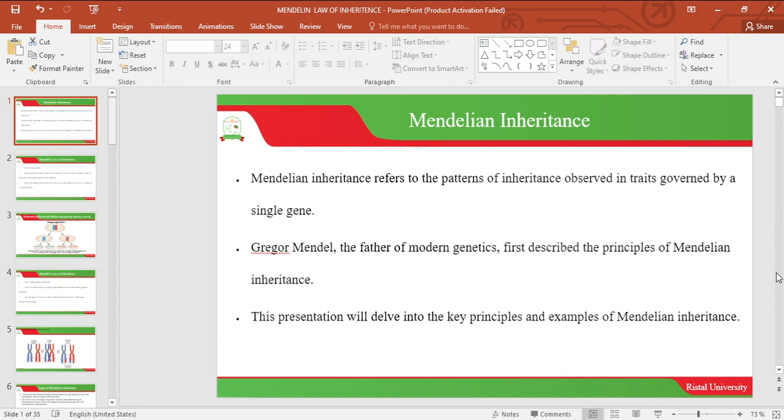Gregor Mendel was the father of modern genetics, and he first described the principles of Mendelian inheritance. This presentation will delve into the key principles and examples of Mendelian inheritance.